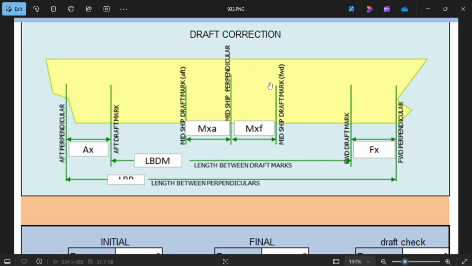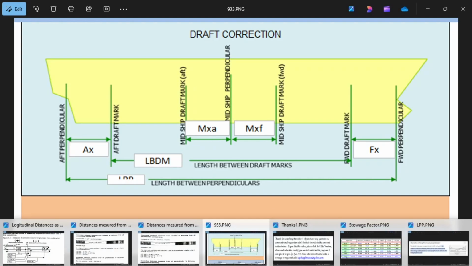If you have this, then this in between will be your midship drop correction up, and this will be your drop correction forward. But most vessels don't have this midship drop mark forward. It's only one here, midship. But if you encounter midship drop marks between forward and up, then you apply the midship correction forward and midship correction up. Okay? I hope that is clear.